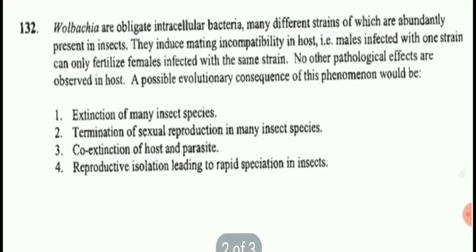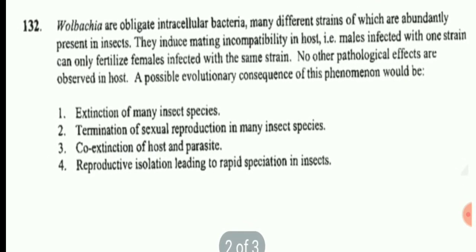Wolbachia are obligate intracellular bacteria, many different strains of which are abundantly present in insects. They induce mating incompatibility in hosts. Males infected with one strain can only fertilize females infected with the same strain. No other pathological effects are observed in hosts. A possible evolutionary consequence of this phenomenon would be: first option, the extinction of many insect species.